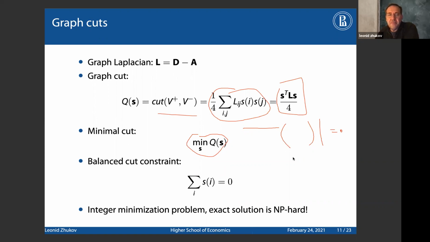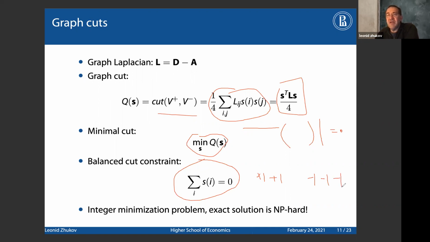And for that to happen, I want to introduce a constraint that adds up all our values and equates it to 0. Now, remember, if a node belongs to one partition, it is +1, and the nodes that belong to another partition are -1.